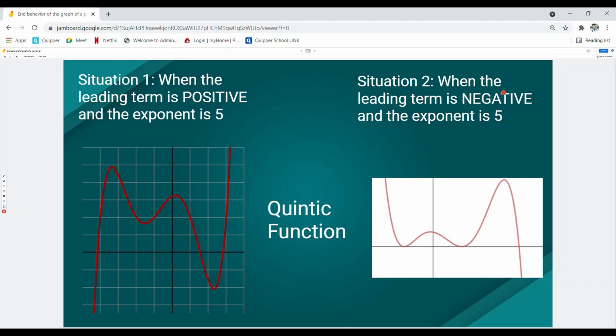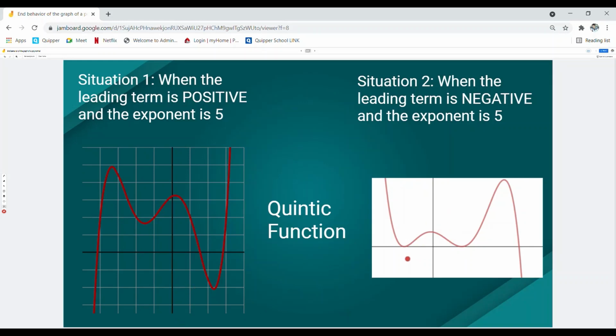Here, if the leading term is negative and still the same quintic function, the right will go down and the left will go up. Right goes down, then left goes up, so the direction is interchanged.